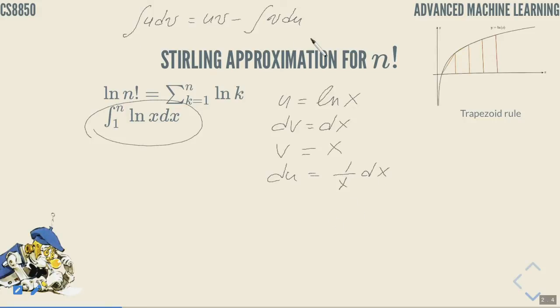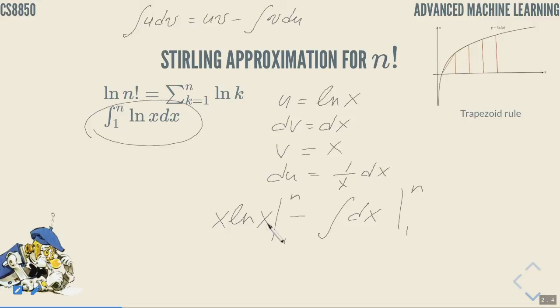So using this formula, we can just plug it in: u times v, x log x, minus the integral of dx. And we know that we're doing the definite integral, 1 through n.